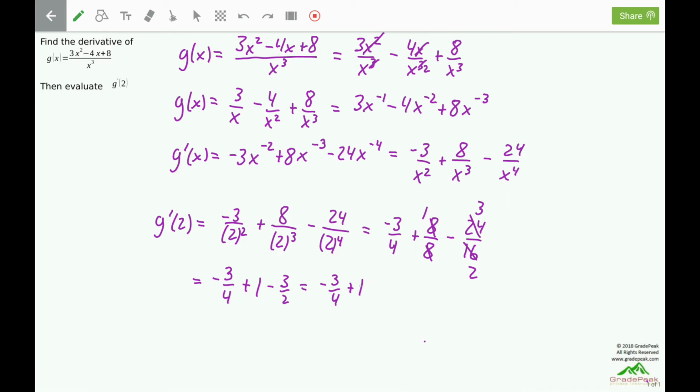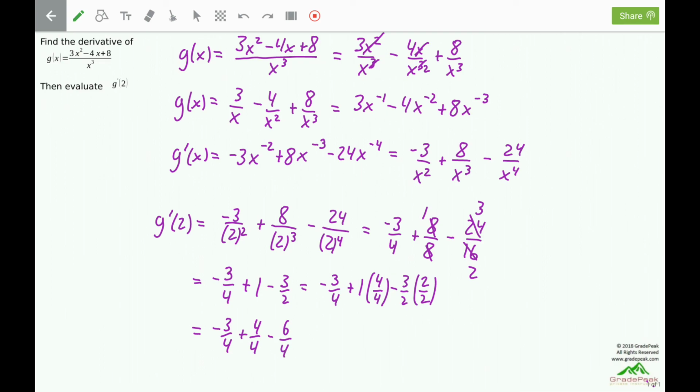We will multiply the 1 by a 4 over 4, and the minus 3 over 2 by a 2 over 2, so that their denominators all become 4. So we have a negative 3 over 4 plus a 4 over 4, and then minus 3 times 2 is a negative 6 over 2 times 2, which is a 4, negative 6 over 4.